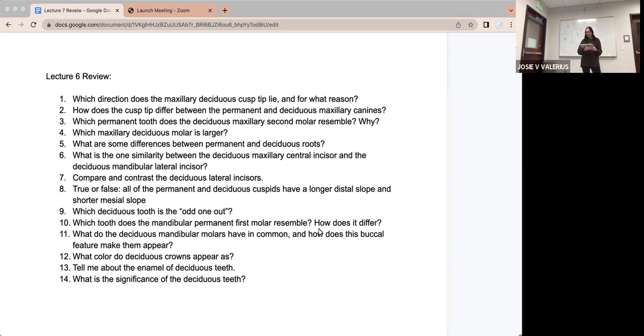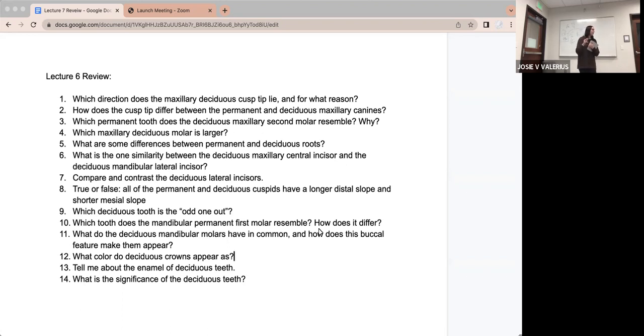And then the permanent mandibular first molar resembles the deciduous mandibular second molar. It's underlined and bolded in his material. I just wanted to point that out because I remember that being on either the quiz or the exam.